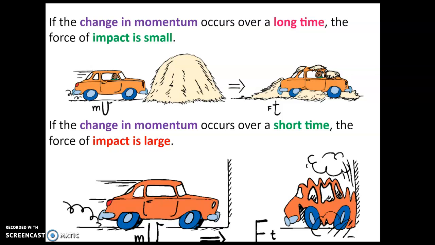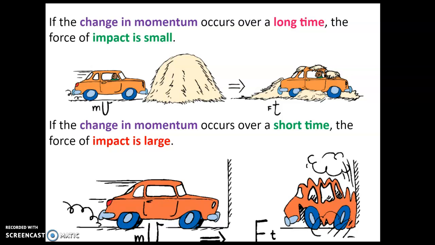The momentum you're entering the haystack and the wall with is the same. You still have the same mass and the same velocity. But what you can change is the amount of time of the impact. If you choose the haystack, you're increasing the time over which you feel that impact, which decreases the force that you feel.